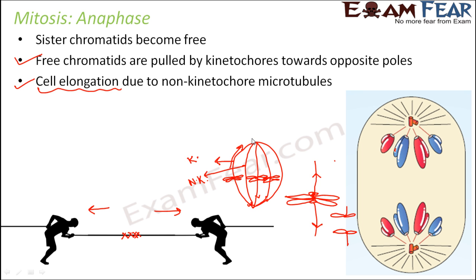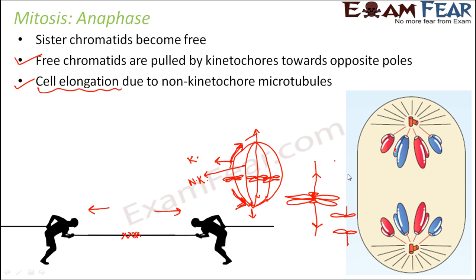They will exert pressure this side, this will exert pressure this side, but at the same time this non-kinetochore microtubule is also there. So somebody is pushing it this side, somebody is pushing it this side, and somebody is standing straight here. So what will happen as a result? A force on this side, this will move slightly this side, a force on this side, it will move slightly this side. As a result, cell elongation will take place.